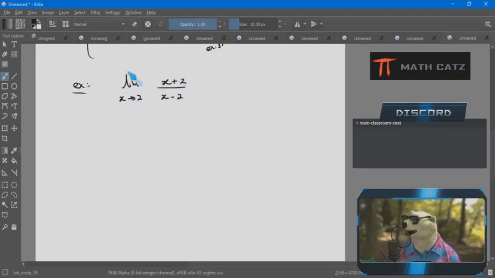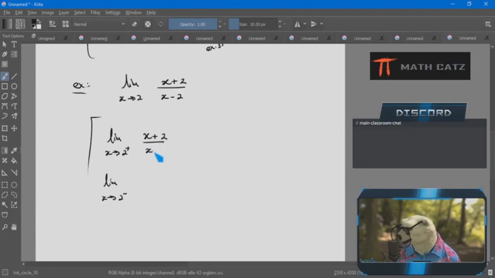Now, I don't want to go through a whole song and dance here about the transformations. What we could do is instead say, let's just from the start look at what happens when I approach 2 from the right, and what happens when I approach 2 from the left, to see a little bit better what's happening here.